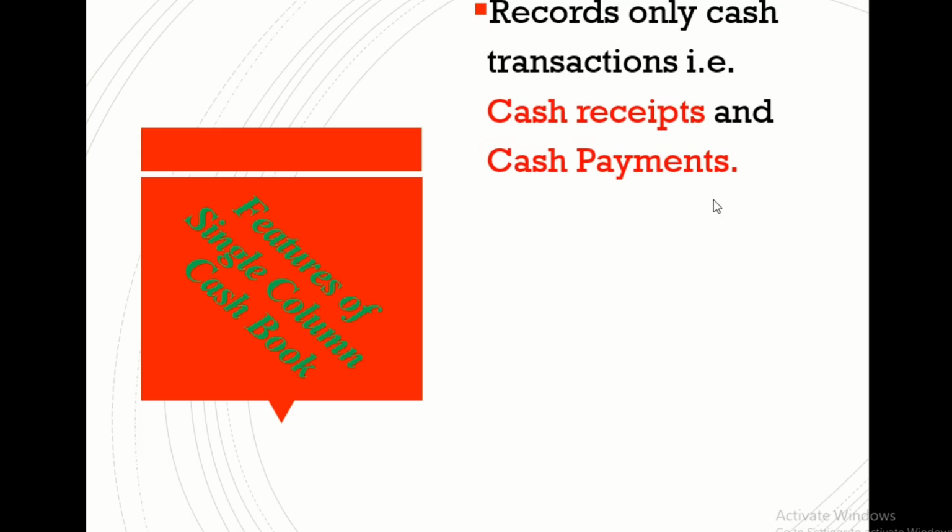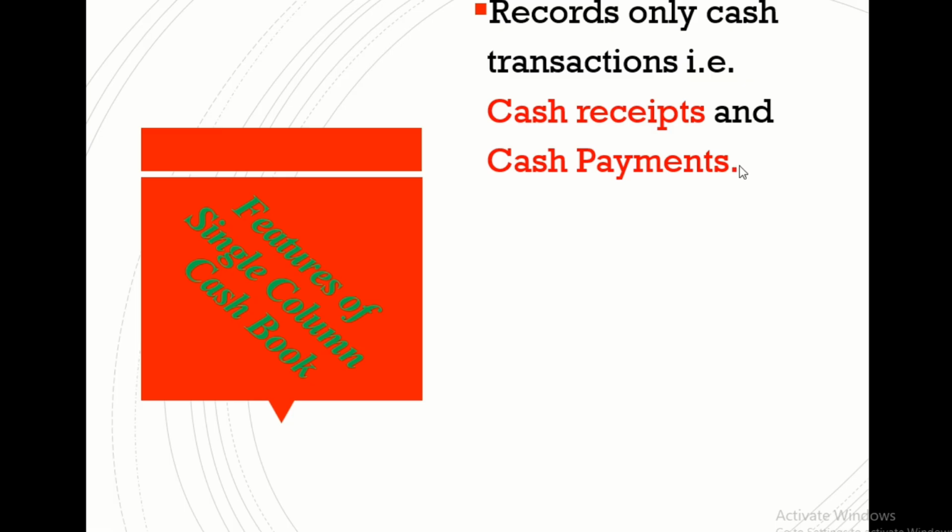So we are going to see common features, something you need to know as characteristics of single column cash book. Number one, it records only cash transactions. That is to say, cash receipts, which we can compare to income or cash inflows to the business, and cash payments, which we can compare to expenses or cash outflows.